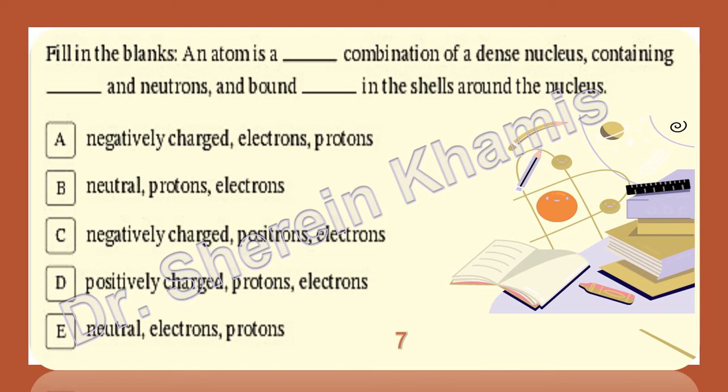So we have a neutral combination of dense electrons containing what? And the neutrons containing, yes, electrons and the neutrons.